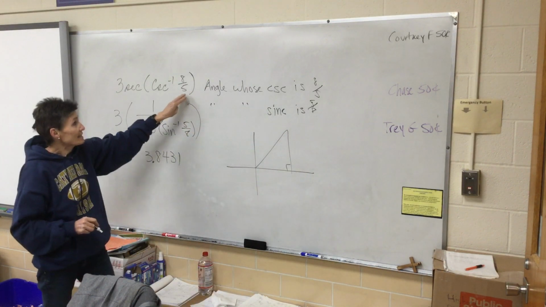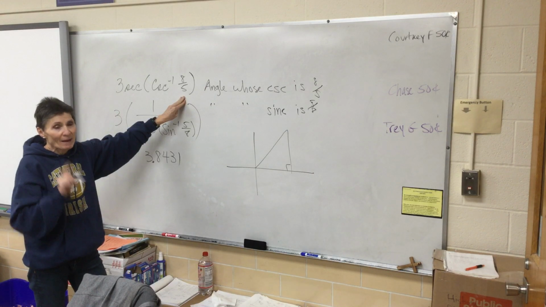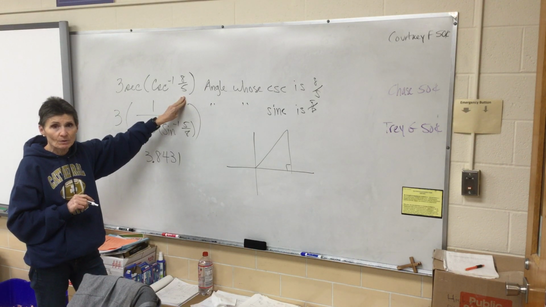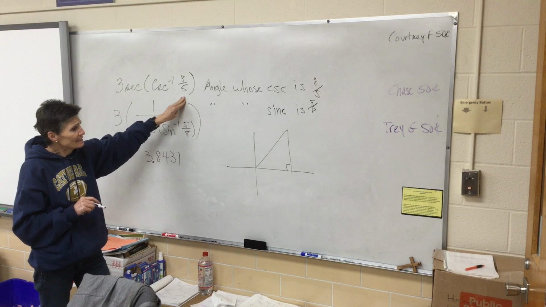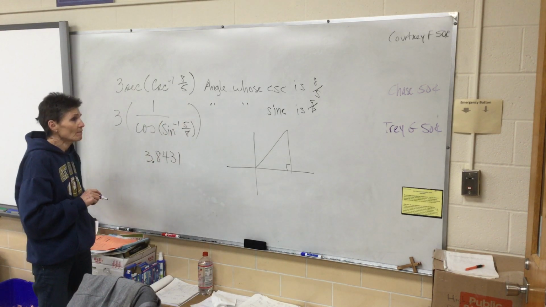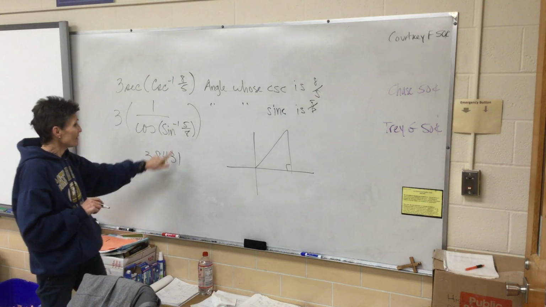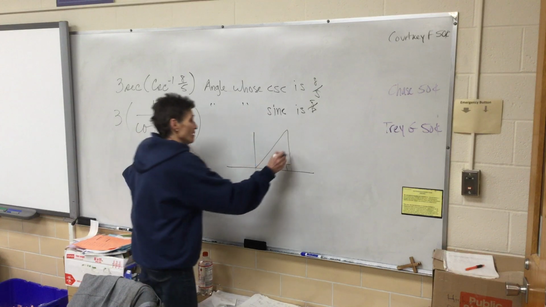Remember, if that's a negative number, there are rules you have to follow. Go back and study that video if you've forgotten those rules. Now, I know that I'm in quadrant 1 because that number is positive. I know that the cosecant is 8/5 or the sine is 5/8.